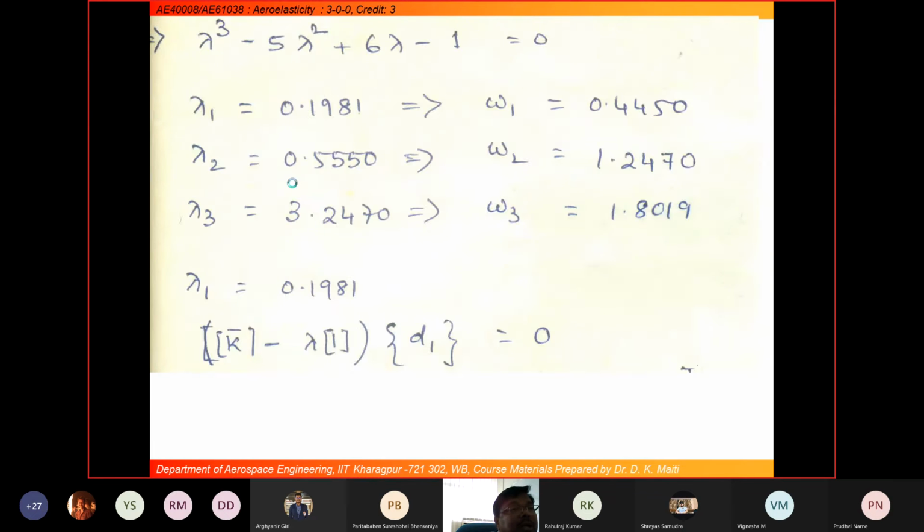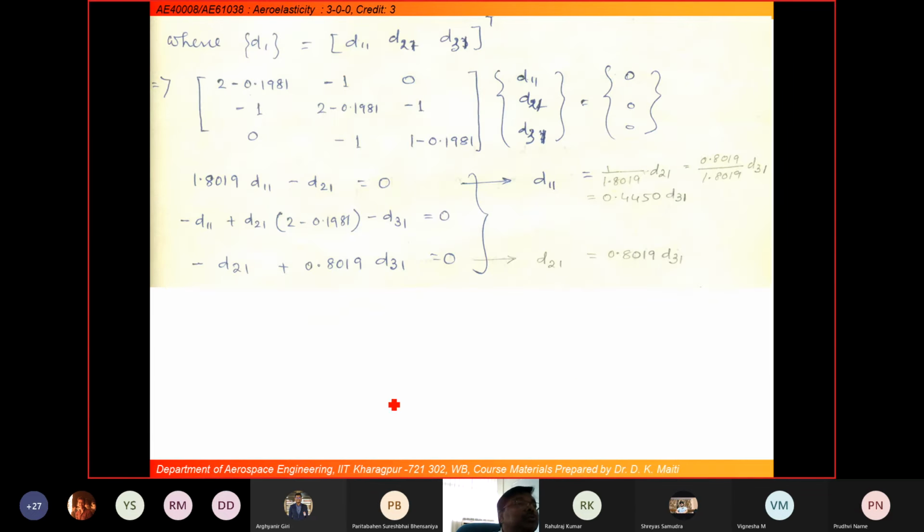After getting lambda 1, lambda 2, lambda 3 and the modal vectors, I use k bar minus lambda into I, times d1, equal to 0, and then I have calculated d1, d2, d3 here. Equating this to 0 and taking this value, I extracted some values from the first equation using d1 transpose into d1 and substituted them in this equation to find d21, d31.